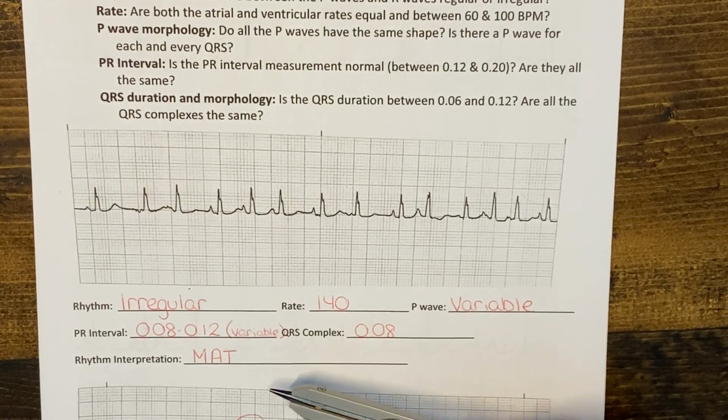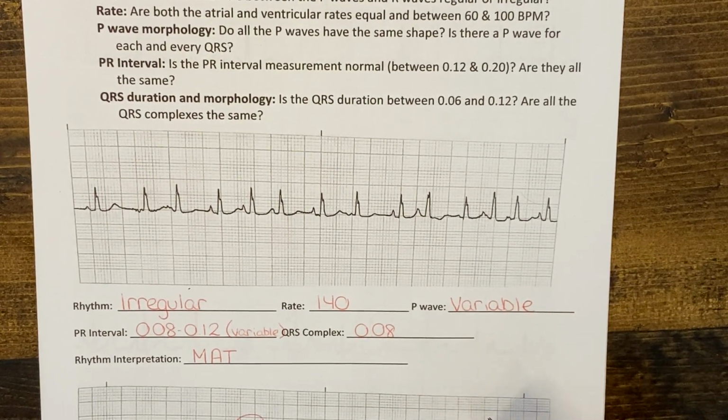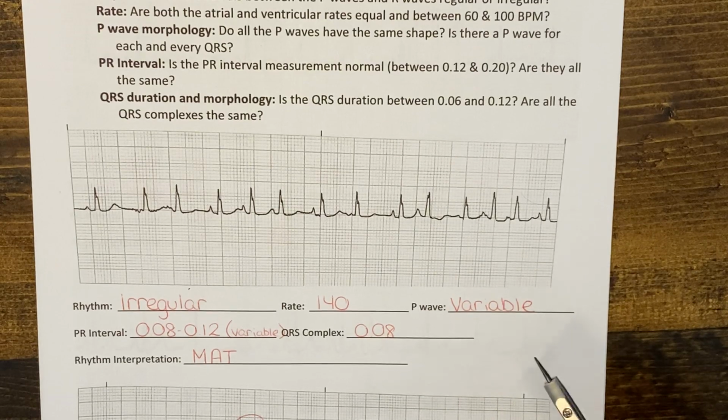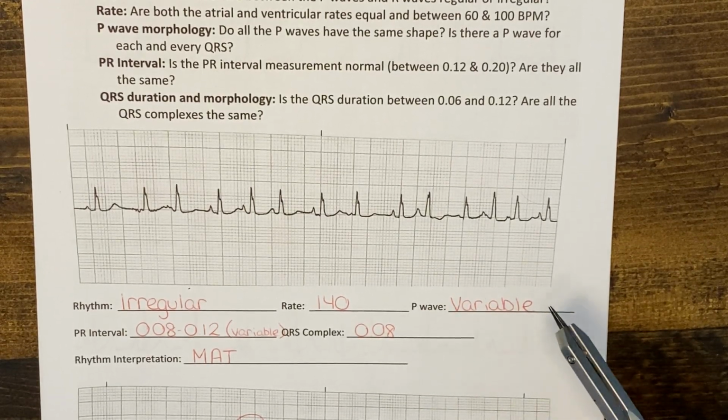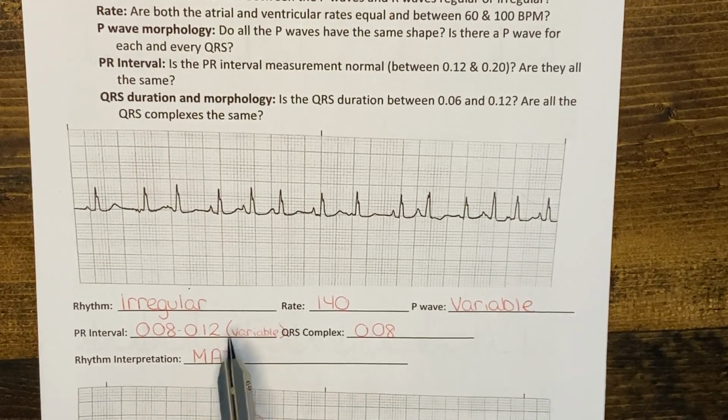So the closer that origin is to the AV node, it's going to be a shorter PR interval. And when the origin is further away from the AV node, it's going to have a longer PR interval. So here I put a measurement that it ranges from 0.08 to 0.12, but you can just put that the PR interval is variable.